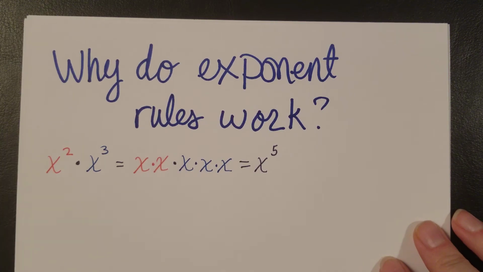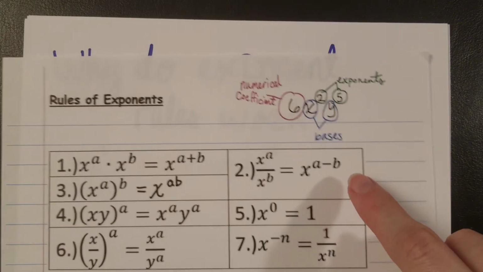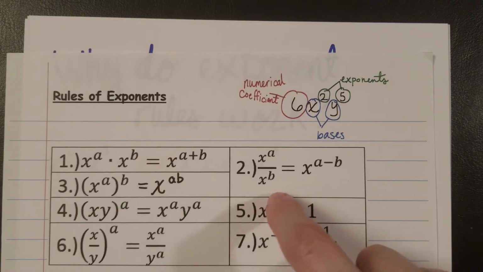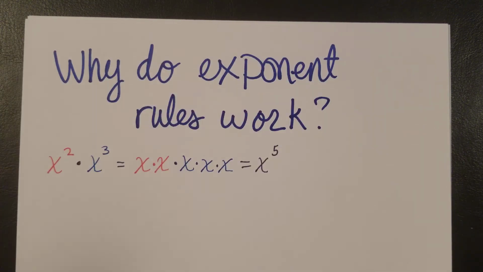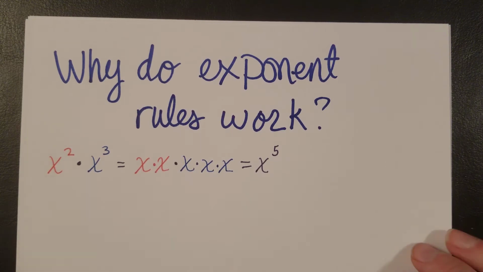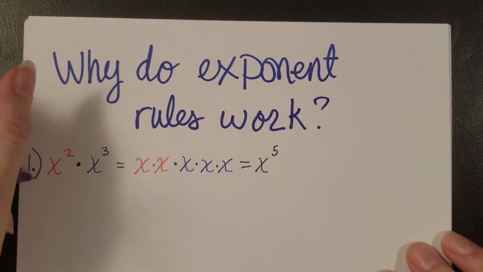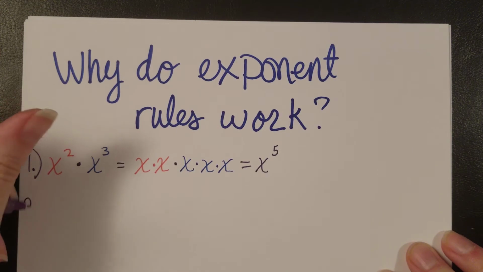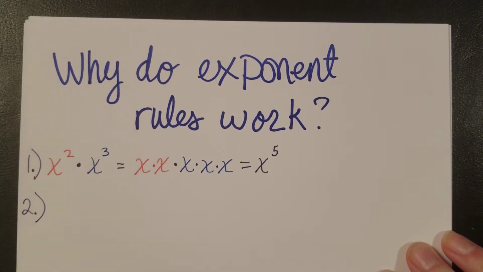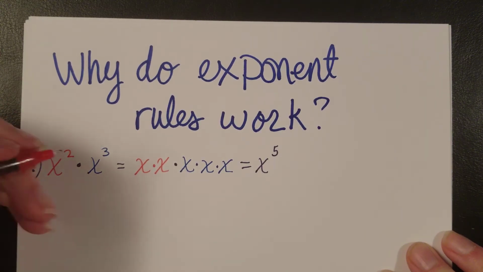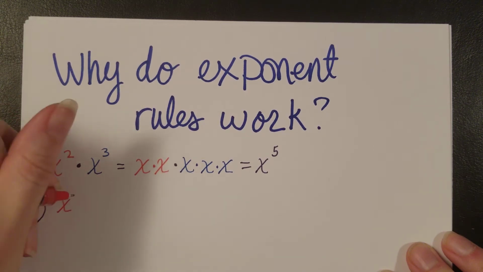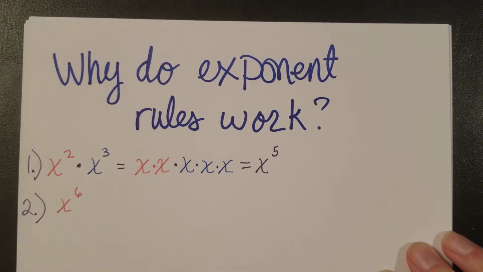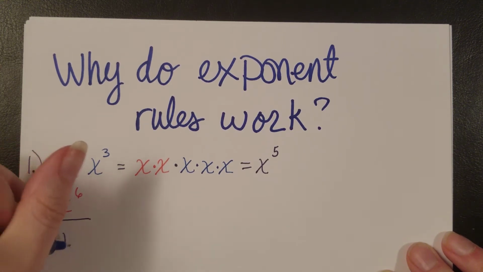All right, so then rule number 2, which is the fraction, turns into a subtraction. Okay, so let's say in that case, so this was referring to rule number 1. So rule number 2, let's say that we were doing x to the 6th power over x to the 4th power.